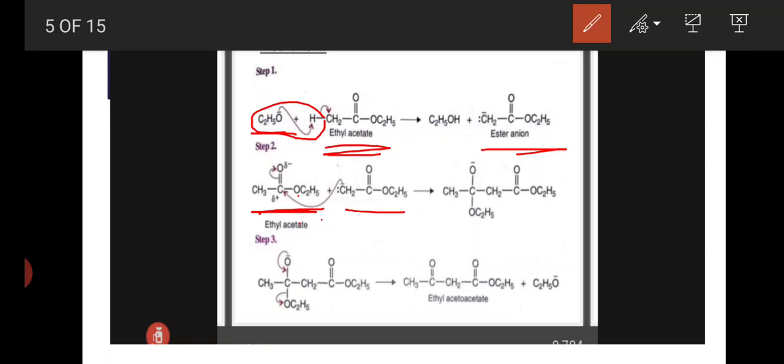Next, this OC2H5 group comes downside and binds with the adjacent side. This is the ester anion group and this one is ethyl acetate.